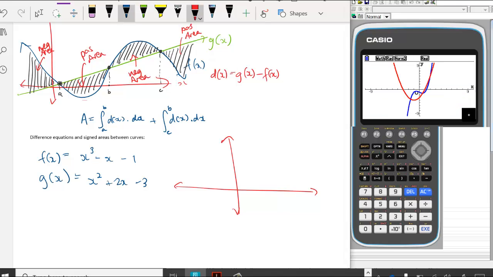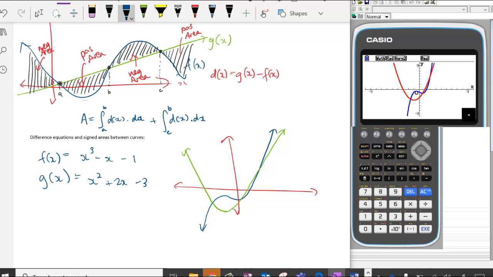Okay, so you can see here that the cubic function looks like that. And then we've got our quadratic function that crosses through down here, back through and up. So we've got our two functions.